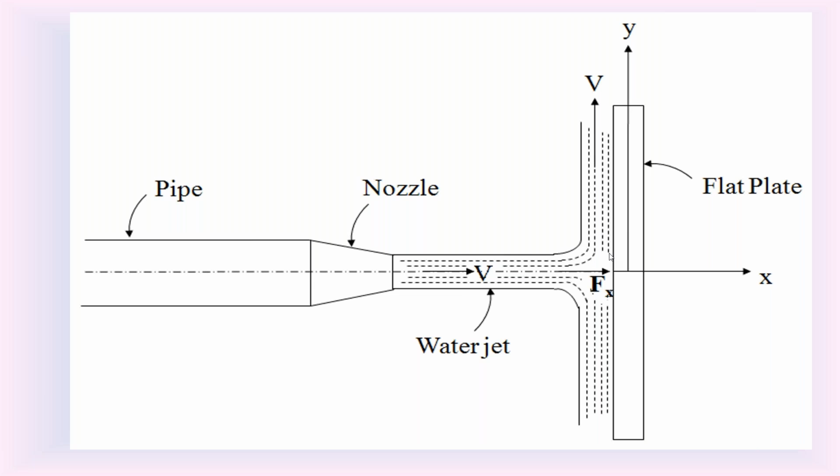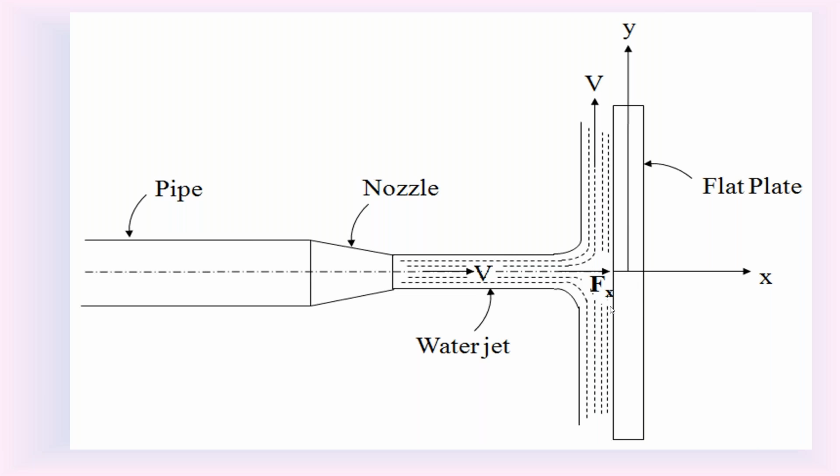So after hitting, the water jet is moving vertically upward with the same velocity v, but this is the final velocity. At the time of impact, the water jet applies the horizontal force Fx on the metal plate.